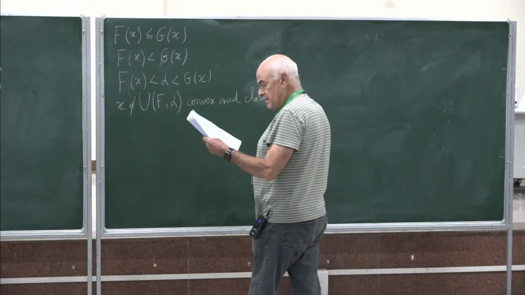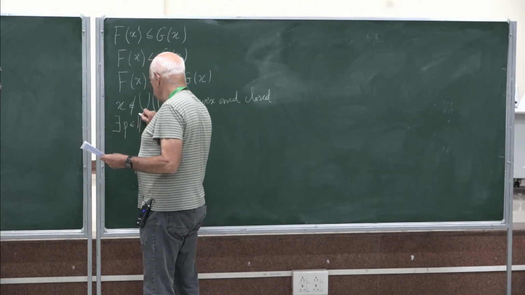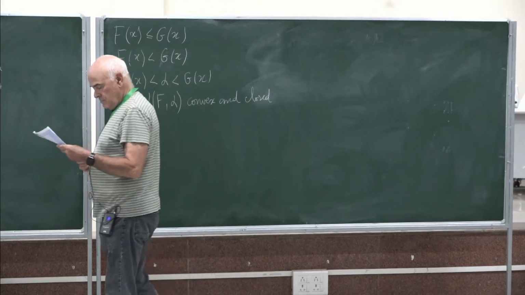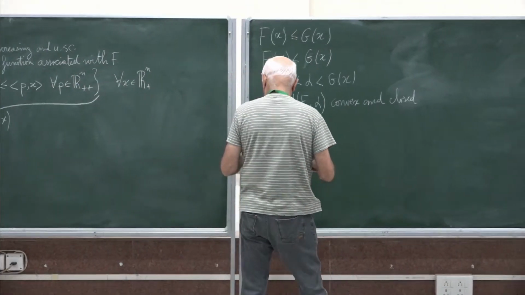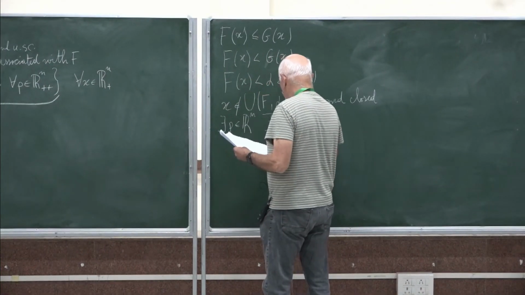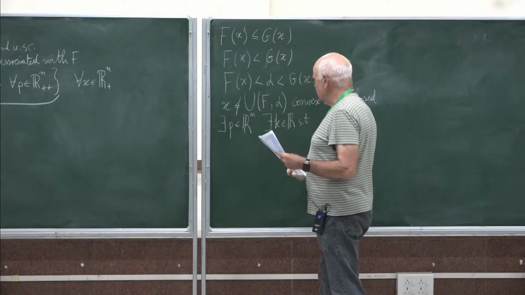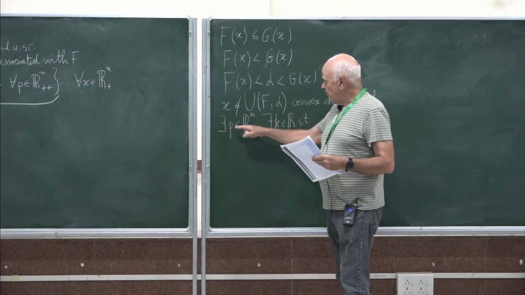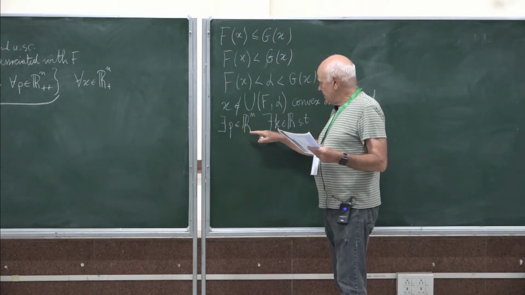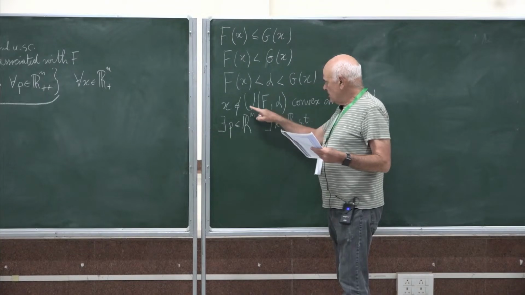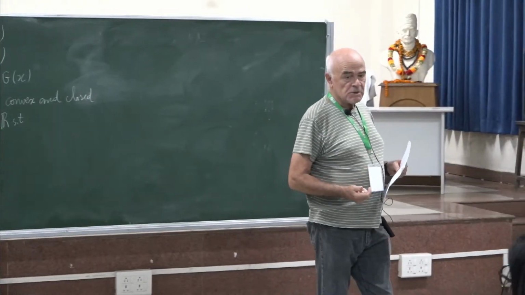So there exists a vector P in Rn, and there is a number K such that the hyperplane, let's say Pz less than or equal to K, contains this upper level set but does not contain X.